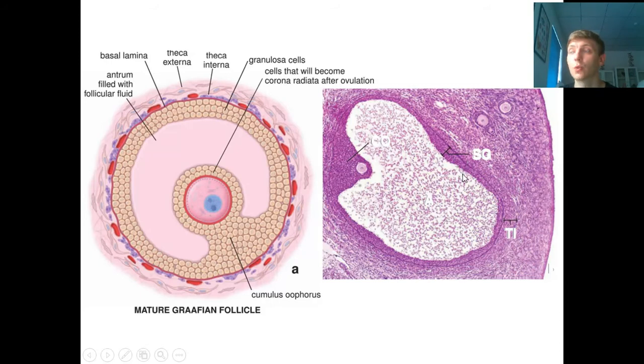Why do I pay attention to this? Day 14 is the main day of fertilization, when the chances of fertilization are maximum. For someone it's a risk, for someone it's a happy moment. It depends on people and the situation. But anyway, on day 14, and actually more on day 15, I'll explain why, the chances of fertilization are the highest.